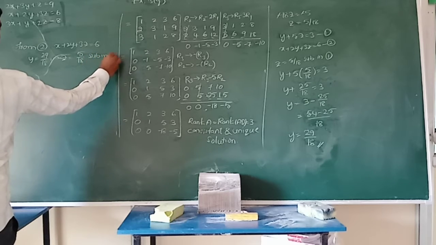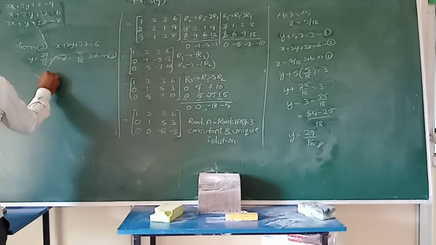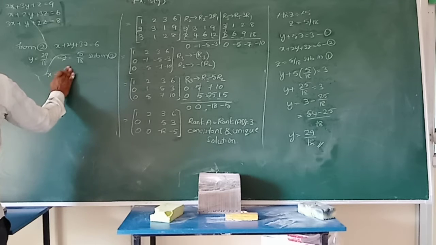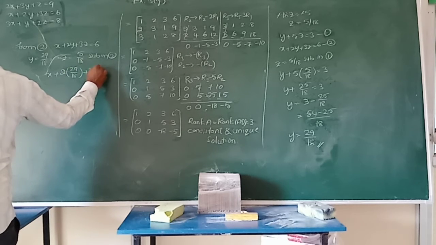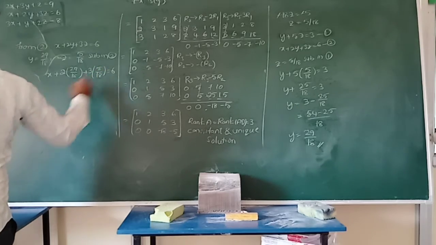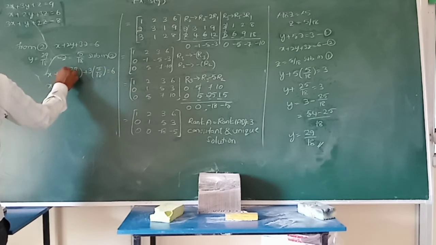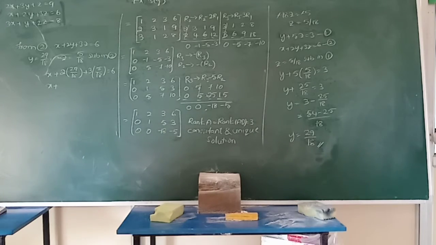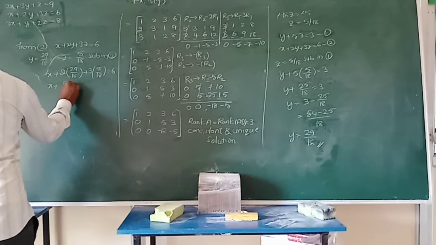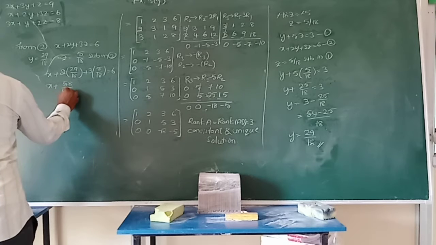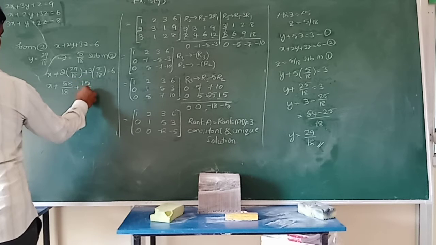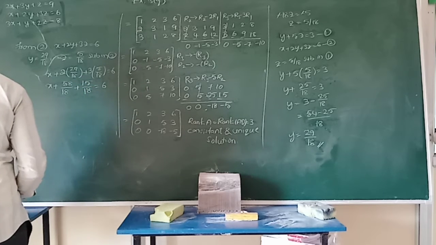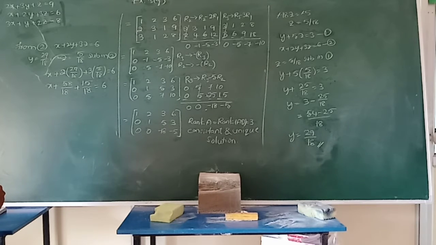Substituting, that is x plus 2 into 29 by 18 plus 3 into 5 by 18 is equal to 6. Now that is x plus 29 2s are 58 by 18 plus 3 5s are 15 by 18 is equal to 6.